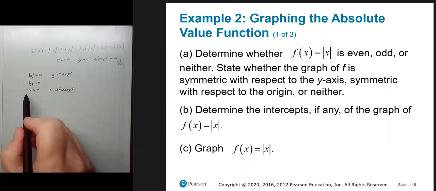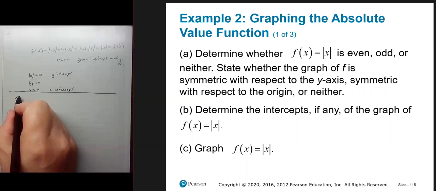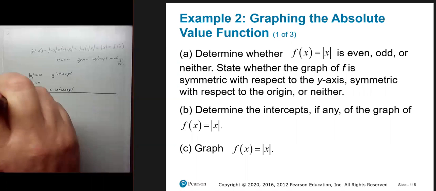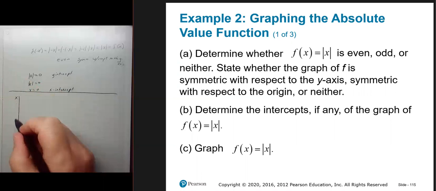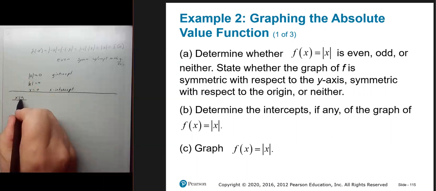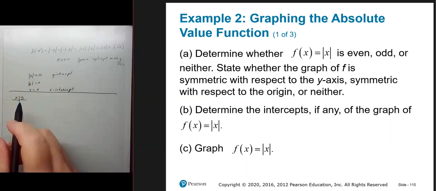And then to graph it, I'm gonna do the same thing I did previously. I have my x, and my y, only I think they add the process column in the middle. And since it's an even function, I'm going to do 0, 1, 2, and 3.